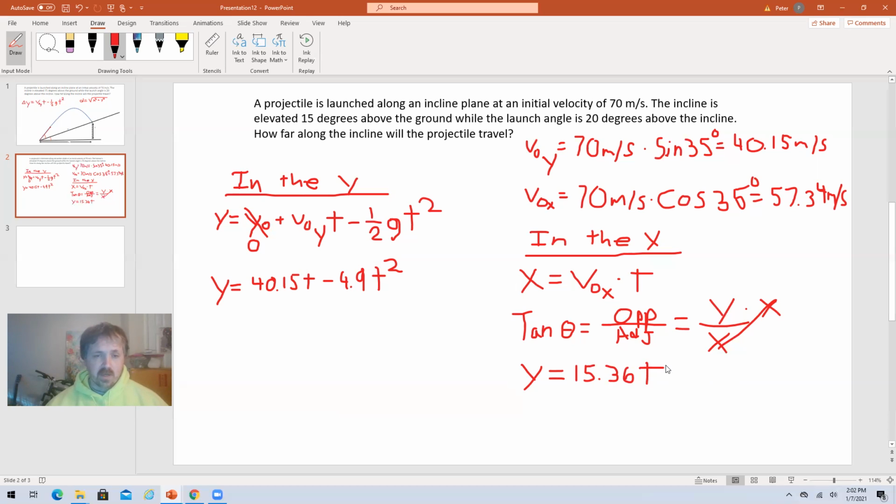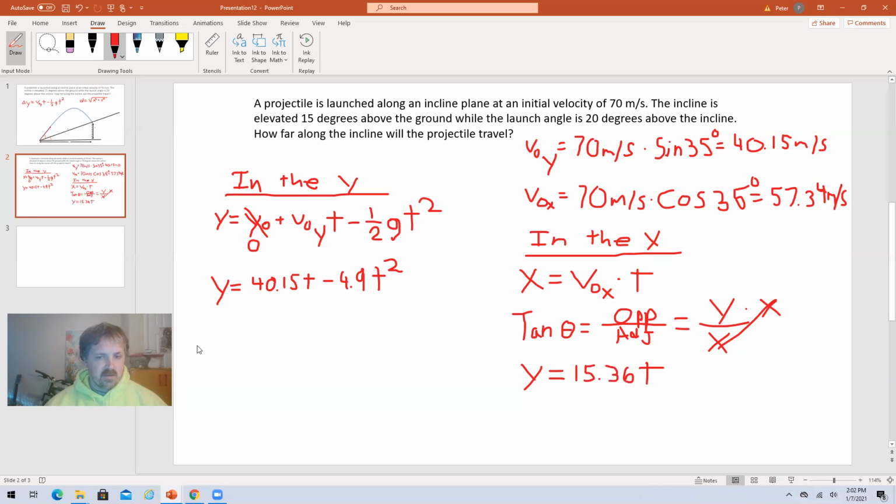We don't know what either one of them are, but fortunately, we have two things that both equal y. If you have two things that both equal the same variable, then they are, by definition, equal to one another. So let's go down here.